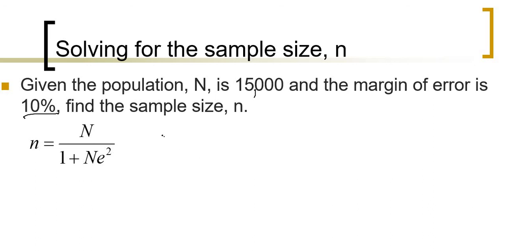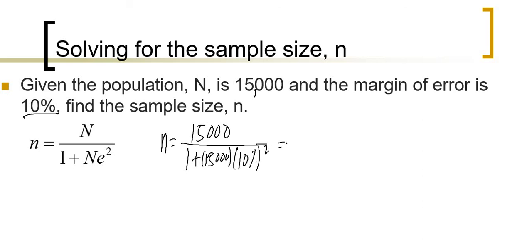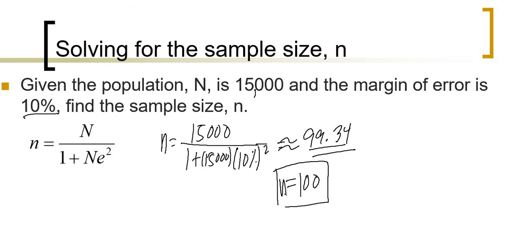So here, to solve for our sample size, we'll have our population size of 15,000 over 1 plus 15,000 multiplied by 10% squared. And this will give us approximately 99.34. But again, we have to round up, so therefore we shall have 100 as our sample size.